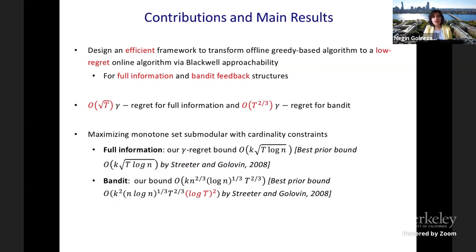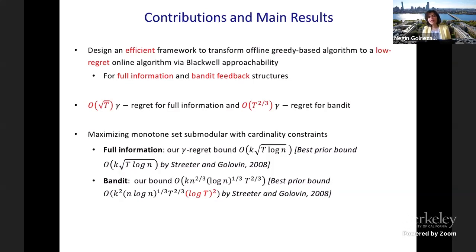And for the bandit feedback structure, we get T to the power of 2 thirds. For maximizing a monotone submodular set function, which is the running example, for full information we can match the best prior bound in the literature. And for the bandit feedback structure, we improve the best prior bound in the literature.